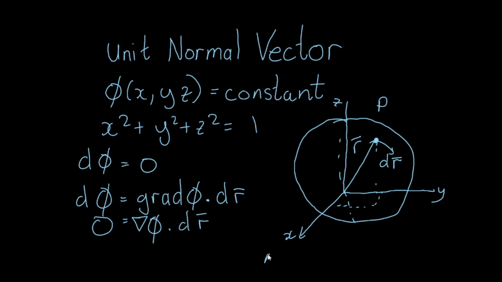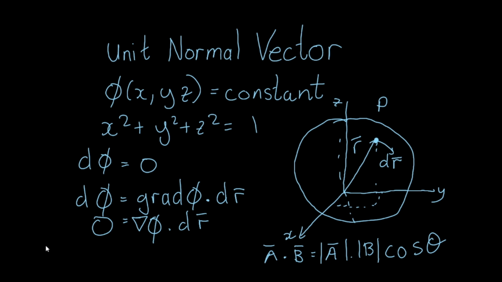Looking at these two things, we are taking the dot product. If we remember what the dot product is, if we have two vectors, a dot b, it's equal to the magnitude of a multiplied by the magnitude of b times cos theta. So this is what is happening here.